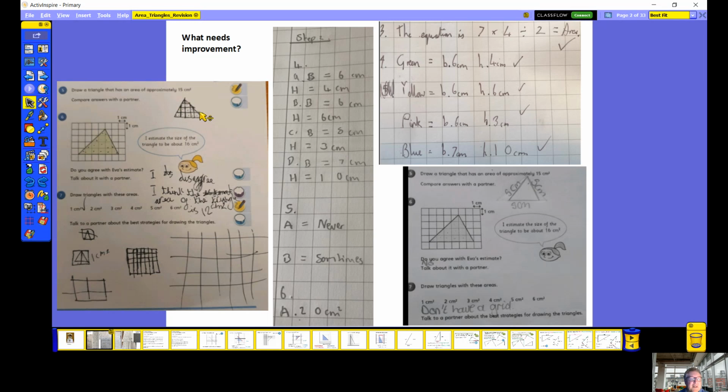And I think my question to this mathematician is, how can you do that without putting it on squared paper? I have no idea. None of the sides are labeled. Not sure what this is. And here, drawing triangles.